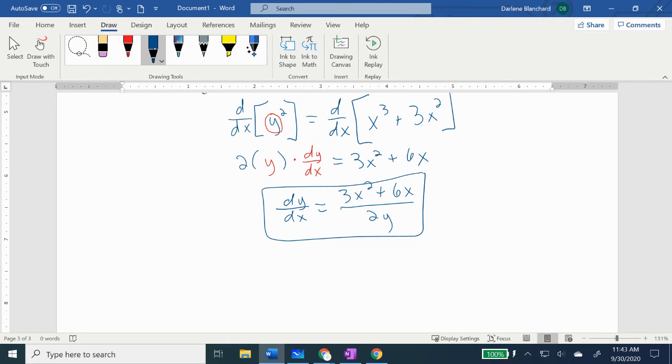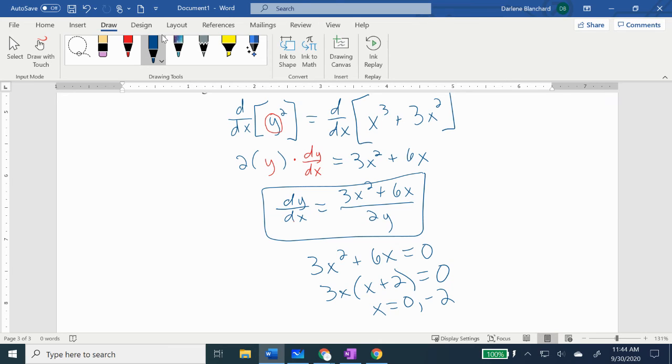So I'm going to first look at what makes the numerator equal to 0. I can factor 3x, got an x plus 2. And that means that my solutions are x equals 0 and x equals -2.